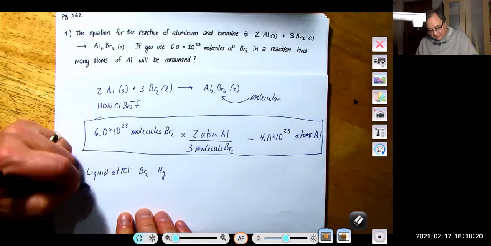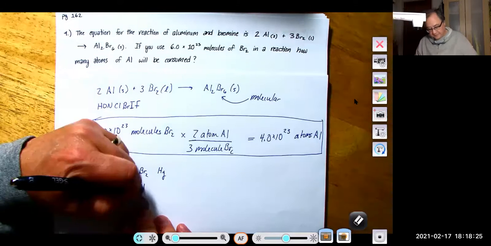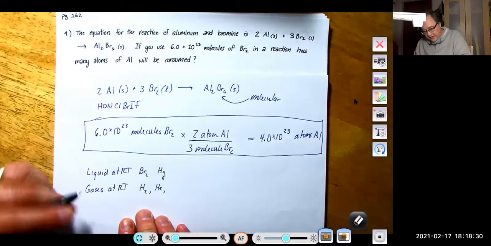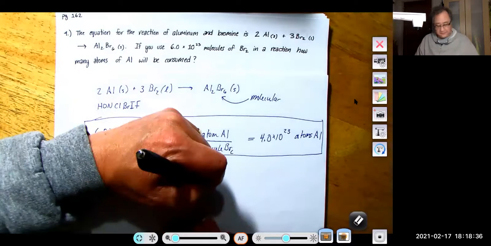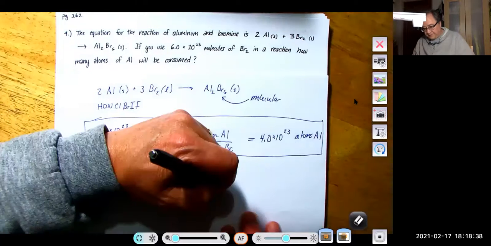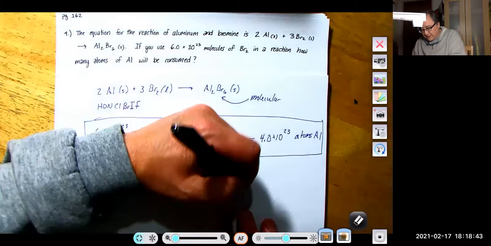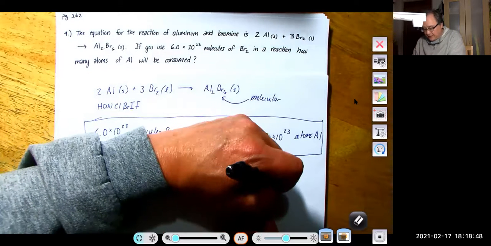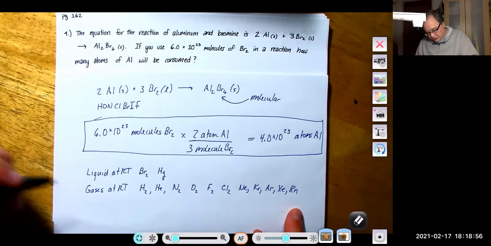What are the gases at room temp? Well, the gases are hydrogen, helium, nitrogen, oxygen, fluorine, chlorine, and then all of the noble gases. So neon, krypton, argon, xenon, radon, and the one that's below radon, which is OG. Don't worry about that one. But these are all the gases at room temp. So which ones are solid at room temp?